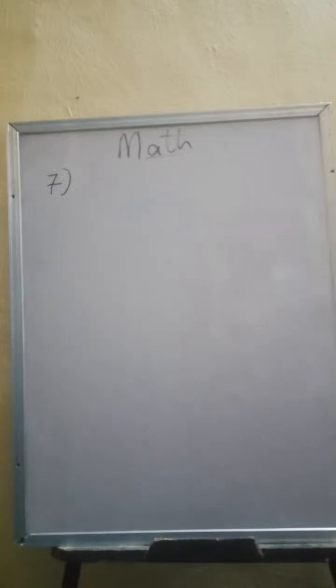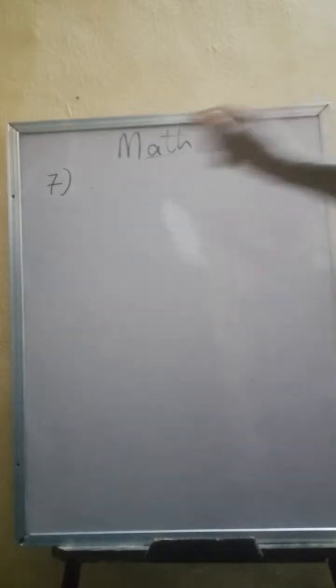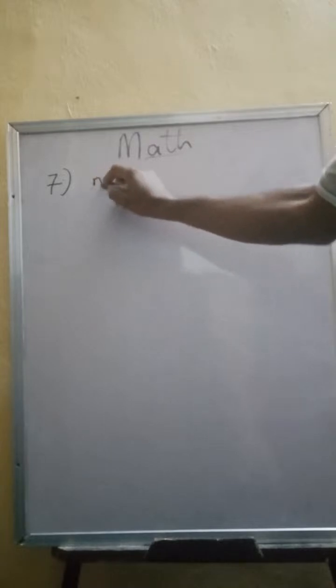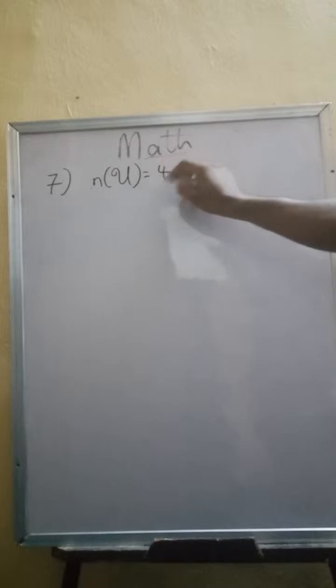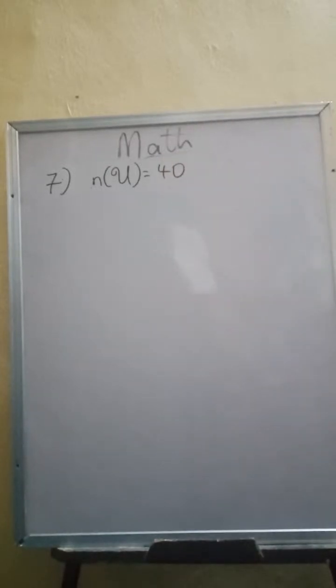Now, this demands a Venn diagram. A Venn diagram comes into play in this case. Now let's start out. The number in the class, I'll call it the universal set, is 40. And the question says that 18 passed maths.